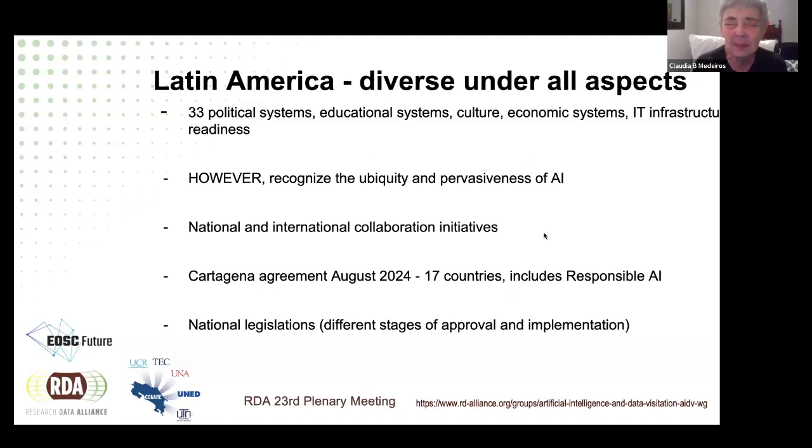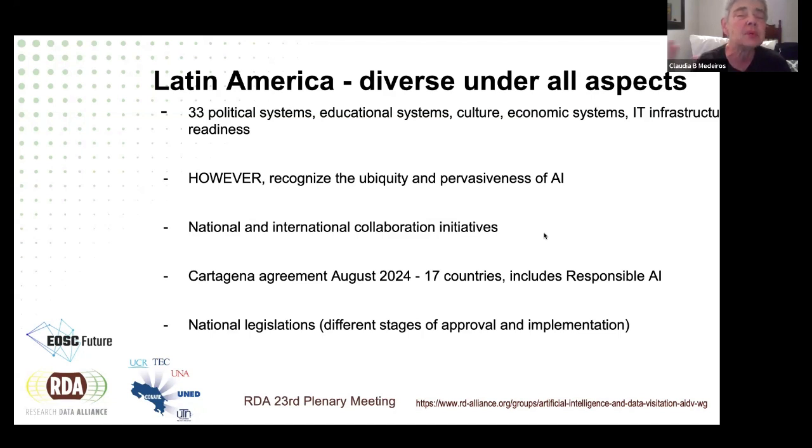So when we talk about Latin America, as you all know, but I'd like to stress, there are 33 countries. They're very different. There's no unified interaction system. So it makes a very diverse region under all aspects: political, educational, economic, and even IT infrastructure. However, all of these countries recognize the importance, ubiquity, and pervasiveness of AI, with many national and international collaboration initiatives and internal initiatives.